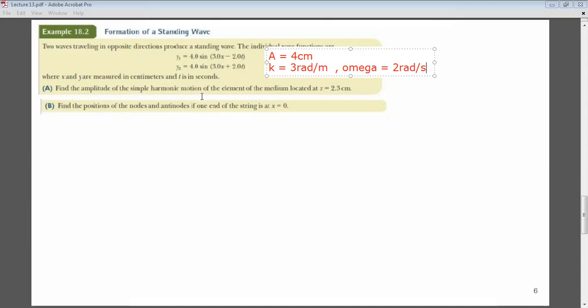Find the amplitude of the simple harmonic motion of the element of the medium located at x equal 2.3 centimeters. I have to say y resultant is y1 plus y2. And this will give us 2A sine kx, which is sine 3x, times cosine of omega t, which is 2t.